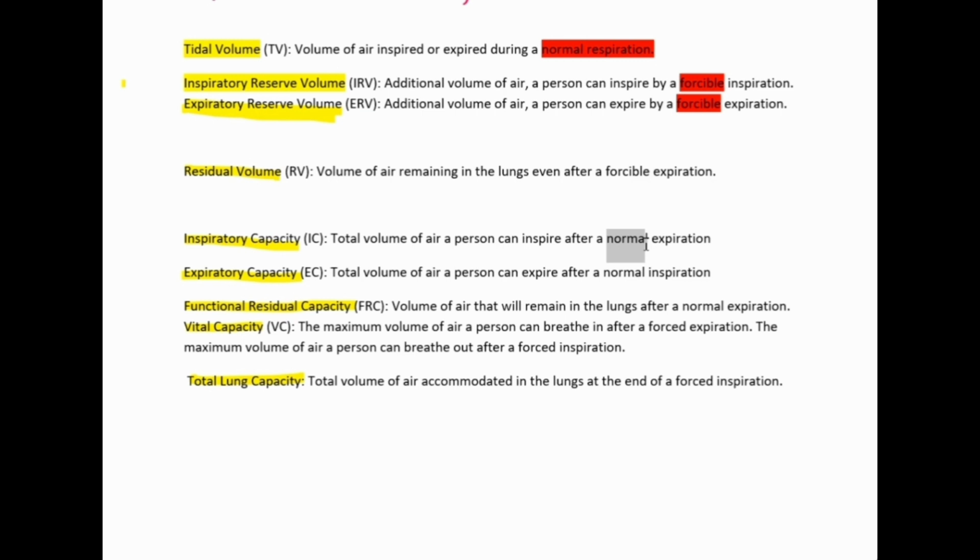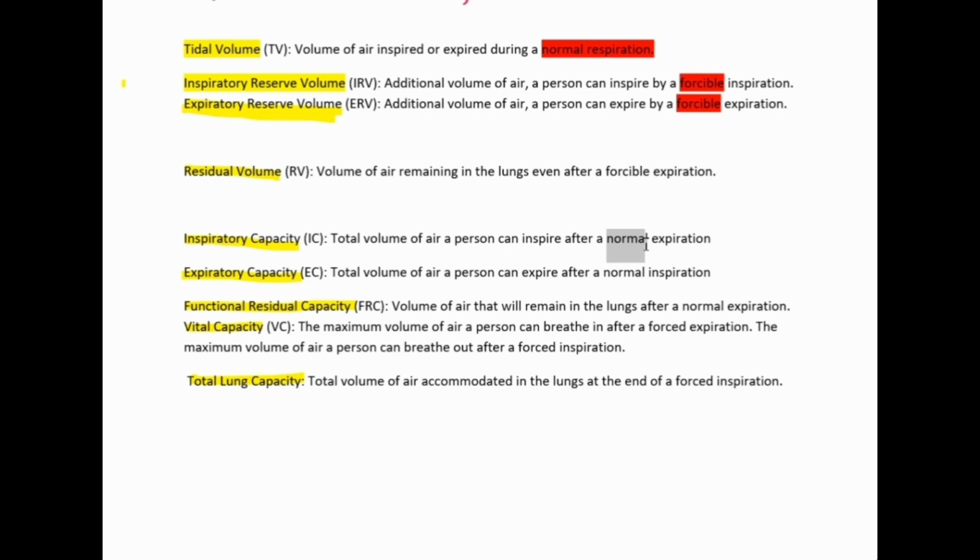Even when you try to expire all the air in the lungs by a very forced expiration, there is an amount of volume that is still left in the lungs. Not all air is eliminated from the lungs after a forceful expiration. So some volume remains in the lung. That is about 1200 ml.